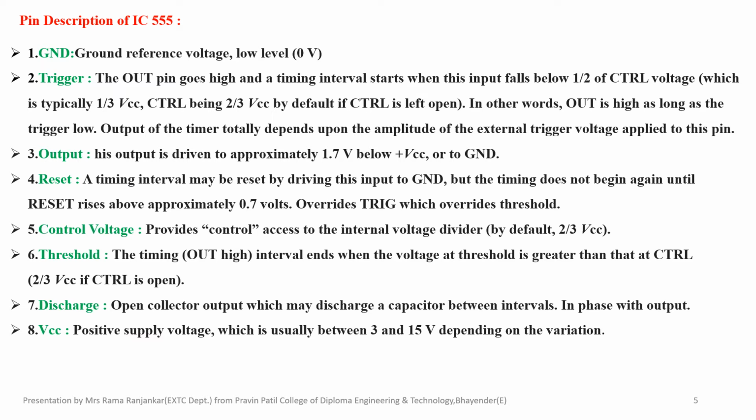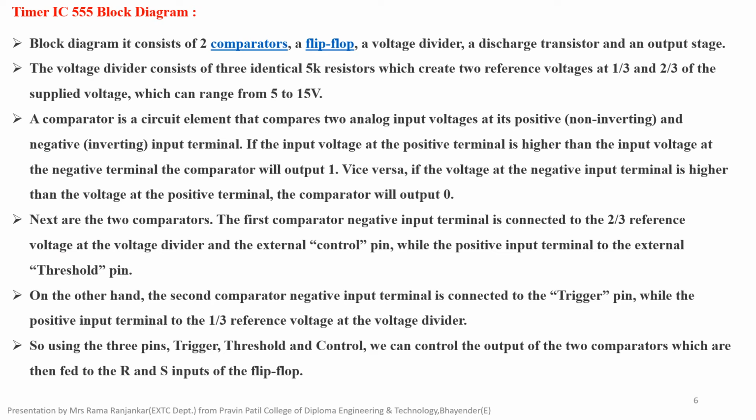Threshold: the timing interval ends when the voltage at threshold is greater than at control. Discharge: the open collector output which may discharge a capacitor between the intervals, in phase with the output. VCC shows the positive supply voltage which is usually between 3 and 15 volt depending on the variation.